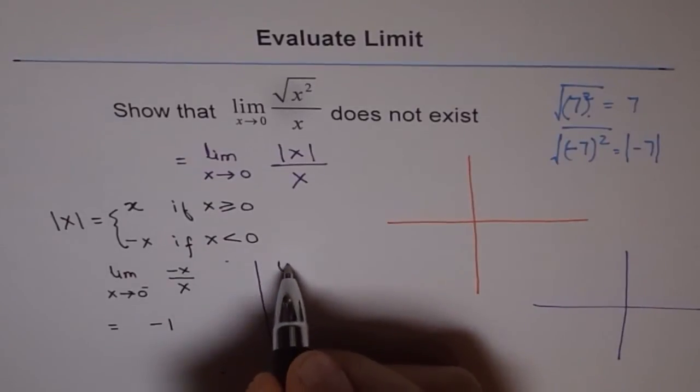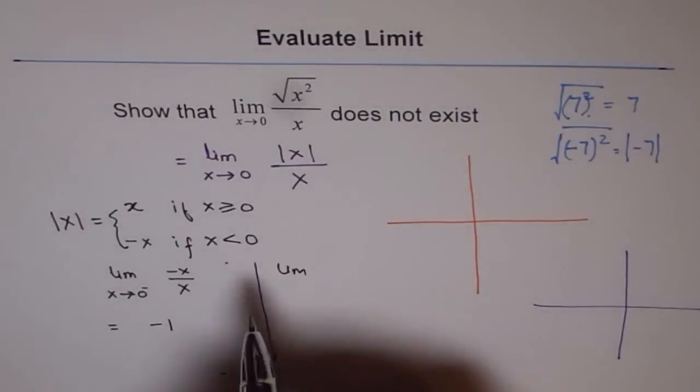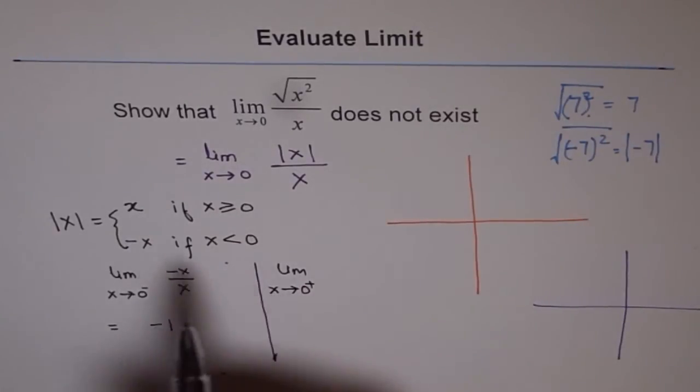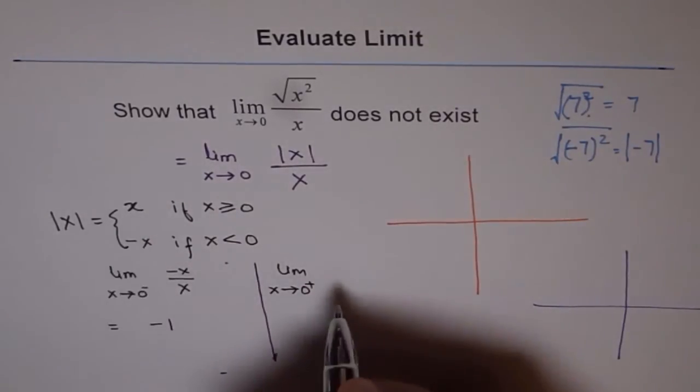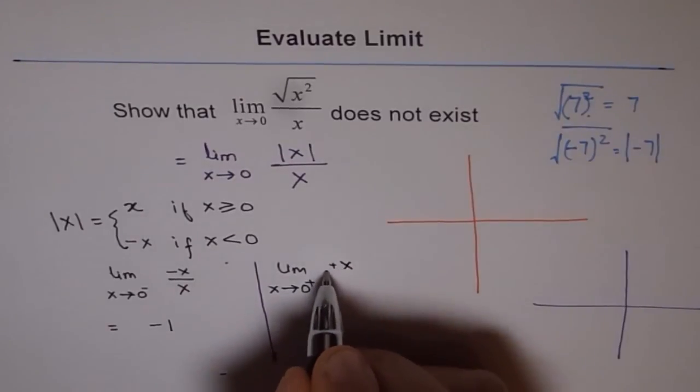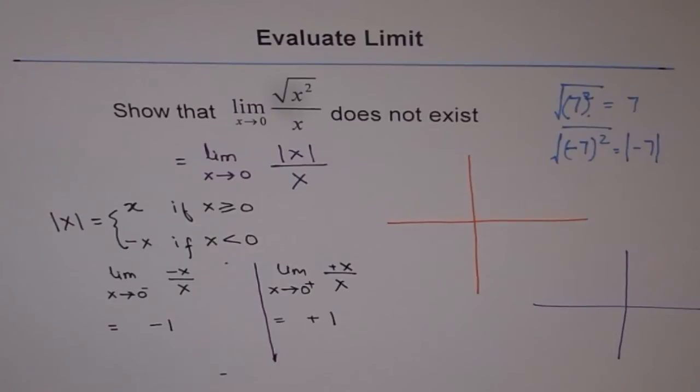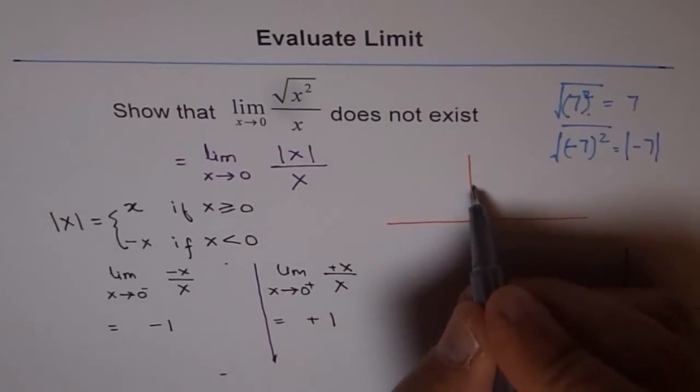But if we approach 0 from the positive side, then absolute x is plus x. Let me write plus x here over x. That gives you plus 1. Do you see that? So if you want to really graph it, you'll get a graph like this.